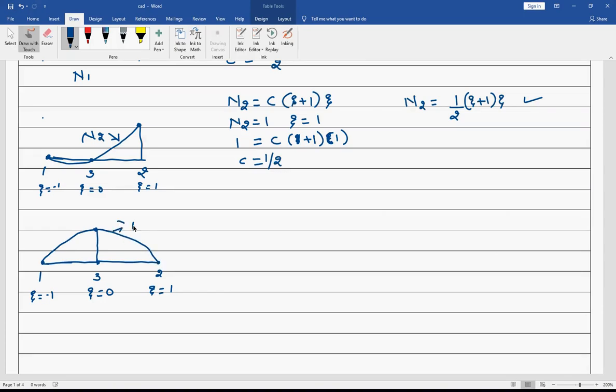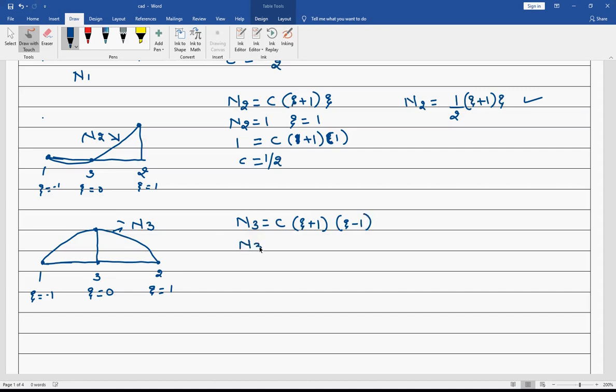This is my N3. Now from this I could write N3 equal to c into the equations of those points where N3 is 0. N3 is 0 at node 1, so it is xi plus 1, into the equation of node 2, that is xi minus 1. This is the equation.